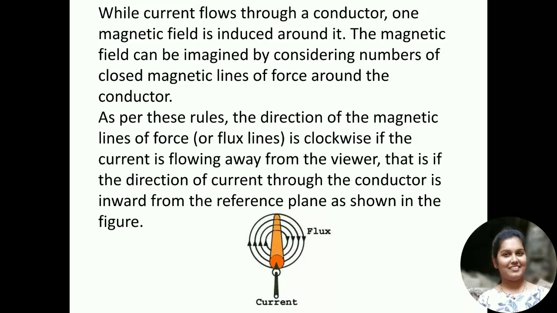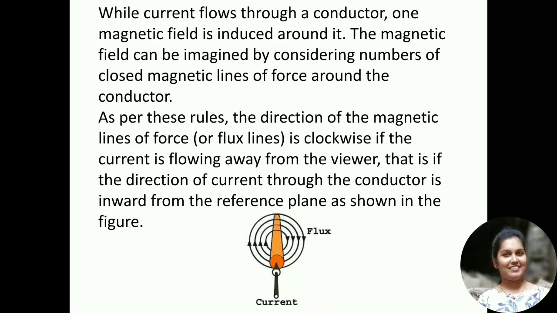It is found that whenever a current carrying conductor is placed in a magnetic field, a force acts on the conductor in a direction perpendicular to both the direction of the current and the magnetic field. While current flows through the conductor, a magnetic field is induced around it. The magnetic field can be imagined by considering the number of closed magnetic lines of force around the conductor.